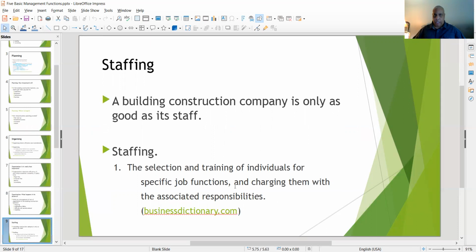Now, again, in a building construction company, just like every other organization, it's only as good as its staff.